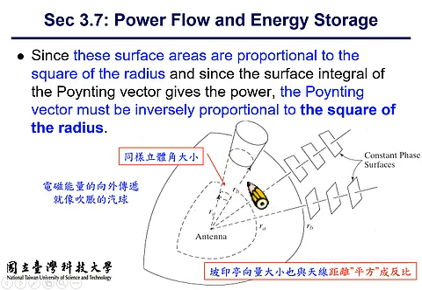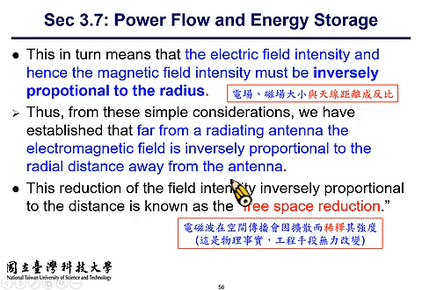So if you measure for either a large or a small spherical surface, as long as the steradian is the same for the two cases, then the total power enclosed in this region should be the same, which means the power density, the Poynting vector, should be inversely proportional to the square of the distance, all right?